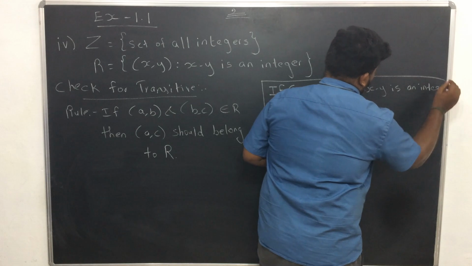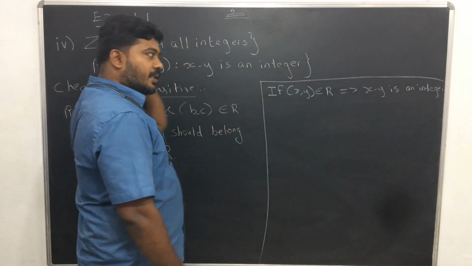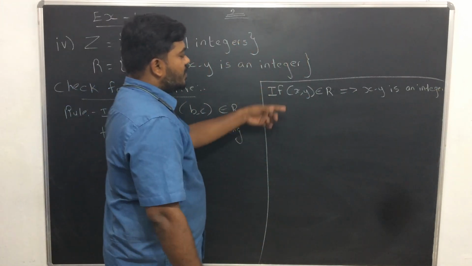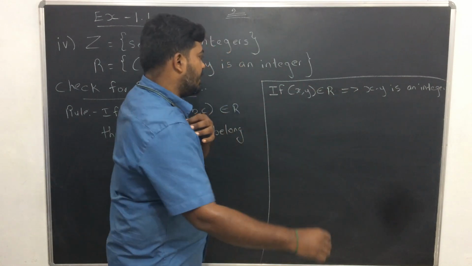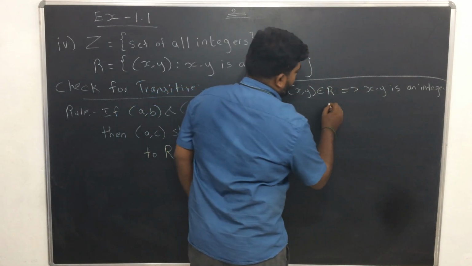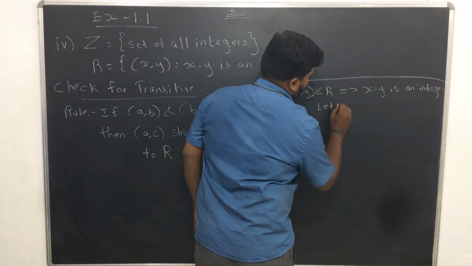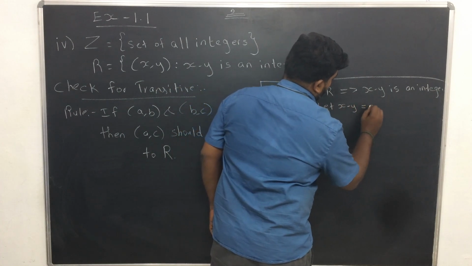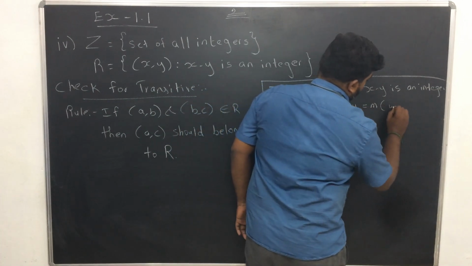If I am telling you that (x, y) belongs to the relation, then I can say so only if x minus y is an integer. Now, let x minus y be equal to m, where m is any integer.